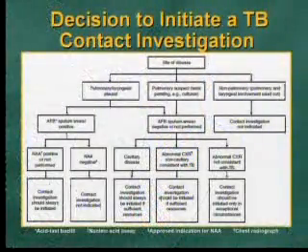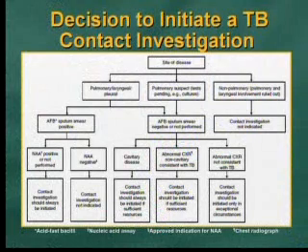So how do we decide to initiate a TB contact investigation? From your screen, you'll see the site of disease, again knowing if it's a pulmonary versus extrapulmonary site, and from there you just follow the arrows down from left to right. Pulmonary, laryngeal. We know laryngeal is highly contagious because that person doesn't have to cough this germ out. They can just whisper or talk this germ out into the air, and these droplets are suspended.